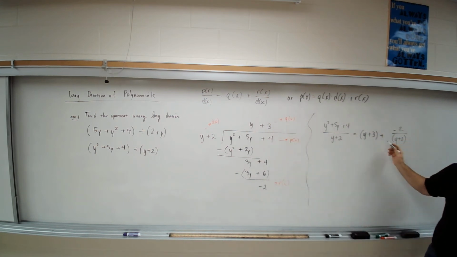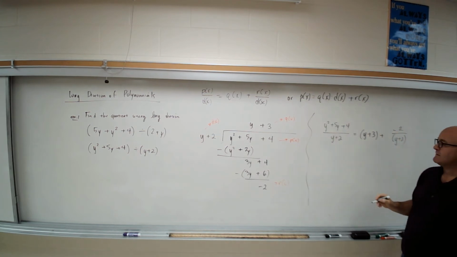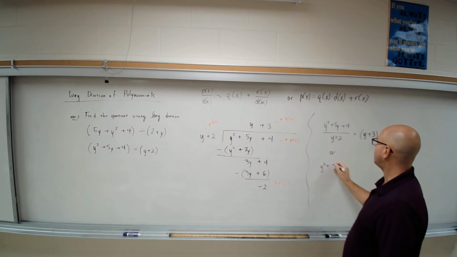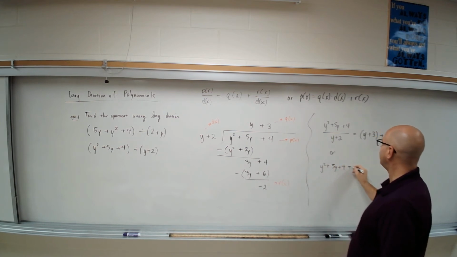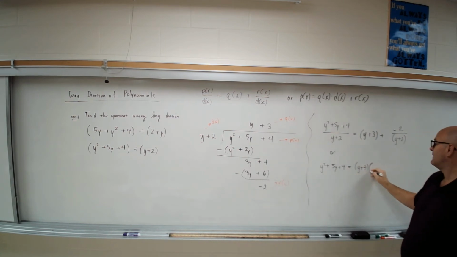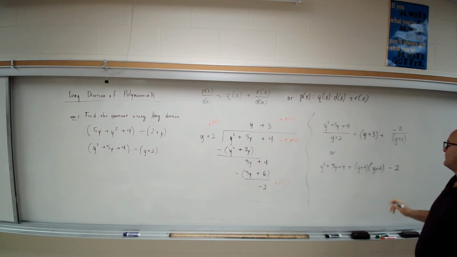All right, so these should be equal. Now, this would be a real pain if you tried to add this together to actually check it. So this one ends up being a lot simpler to check. So y squared plus 5y plus 4 is y plus 3, which is the quotient, times the divisor, which is y plus 2, minus the remainder.